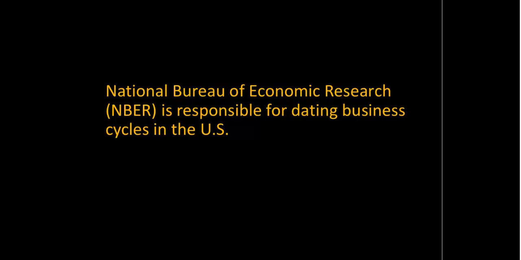Their job is to date these business cycles, and they decide when a recession has started and when it ended, and it's often taken as a very credible source of information for business cycles. On their website, they have all the dates, starting from the middle of the 19th century, of when each recession started and when it ended.